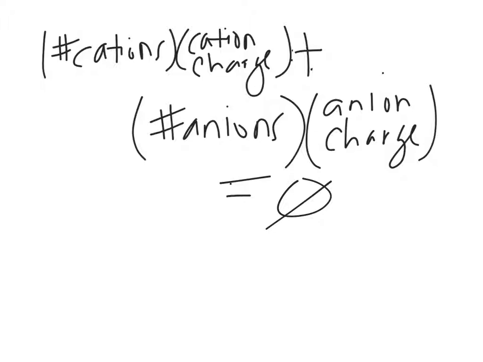So let's look at some examples. Our first example we'll look at is NaCl. Looking at the periodic table, we can start identifying, or I could tell you at this point, that there is one sodium cation. We can tell that from the subscript here, or lack thereof. If there's no subscript shown in a chemical formula, it just means there's one of them.